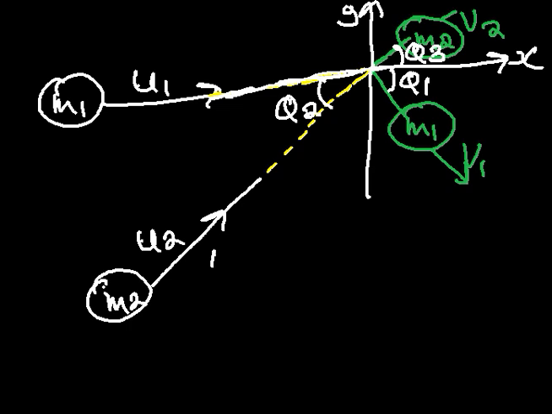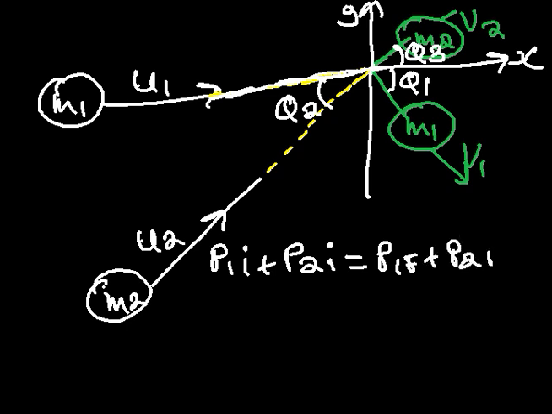The formula says we have P1 initial plus P2 initial, meaning the initial momentum for object 1 plus the initial momentum for object 2, that will be equal to P1 final, the final momentum for object 1, plus the final momentum for object 2.